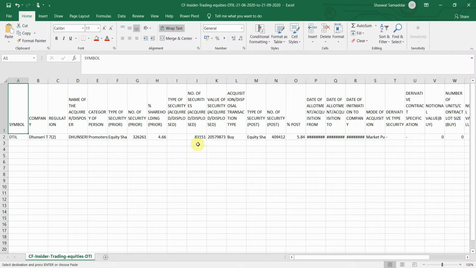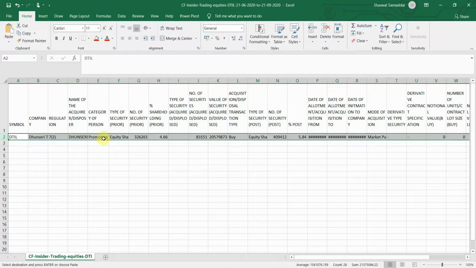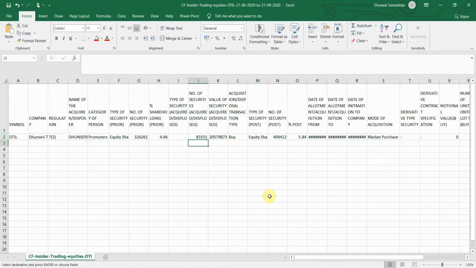The price at which the promoters have made a position is very crucial to know.